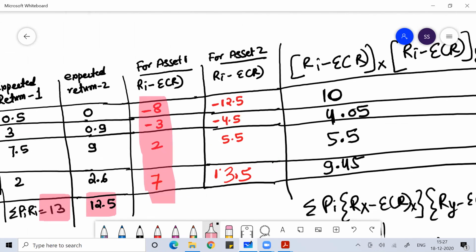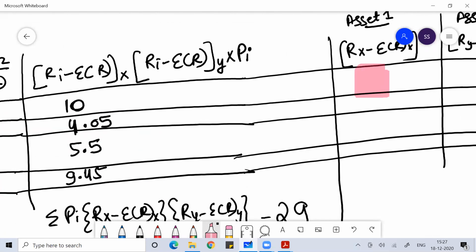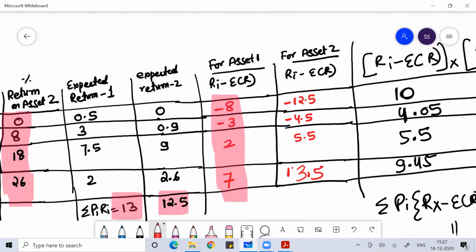Minus 8 minus 3, that is 8 squared, 64. Okay, everyone, easy. Now 12.5 square means 156.25.